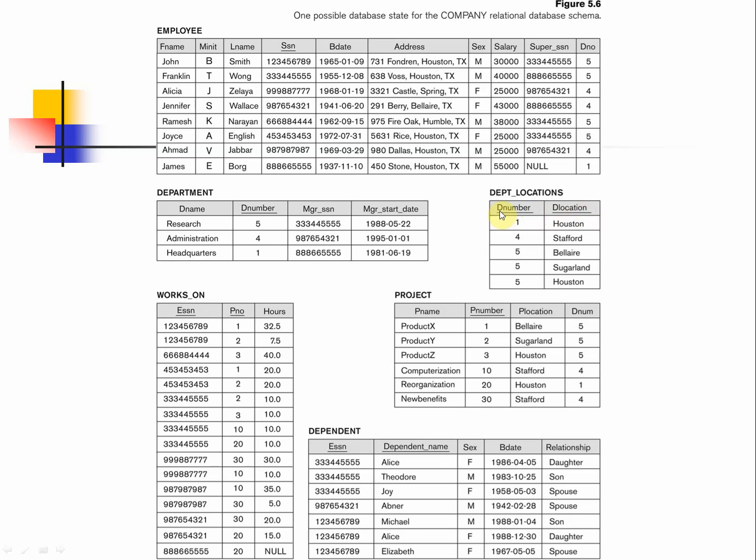If I only underline the department number, you can see that there are 3 tuples referencing department number 5 already, so that cannot be right. If I only underline department location, Houston appears twice over here, and that cannot be allowed either. And that's why underlining both to specify this multi-value concept is necessary.